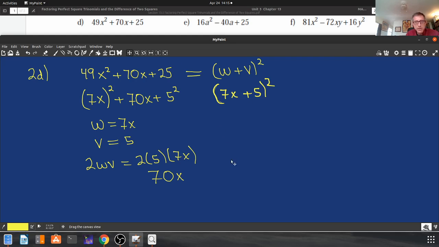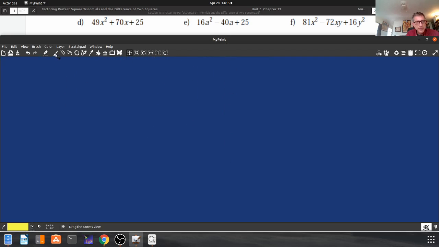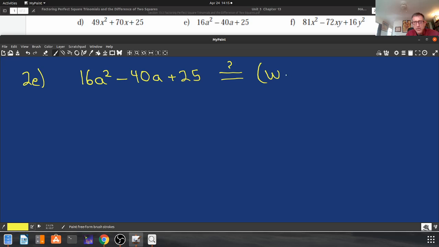So let's do 2e. Again, I'm wanting to see if I can find, that's a negative there, a W minus a V, so that this is equal to W minus V squared.